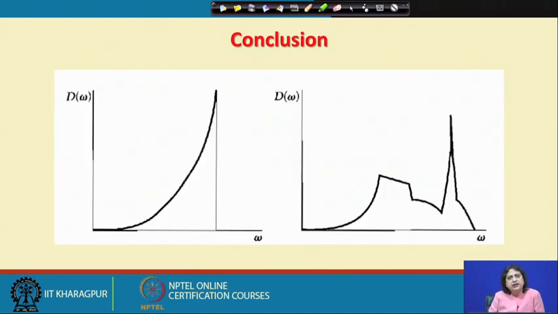So, what went right for Debye theory? In the Debye theory, this is the approximation that is being used to represent the density of states. I have written g of omega as a function of omega, which is equivalent to representing g of nu as a function of nu. This gives me g of nu as a function of nu square.